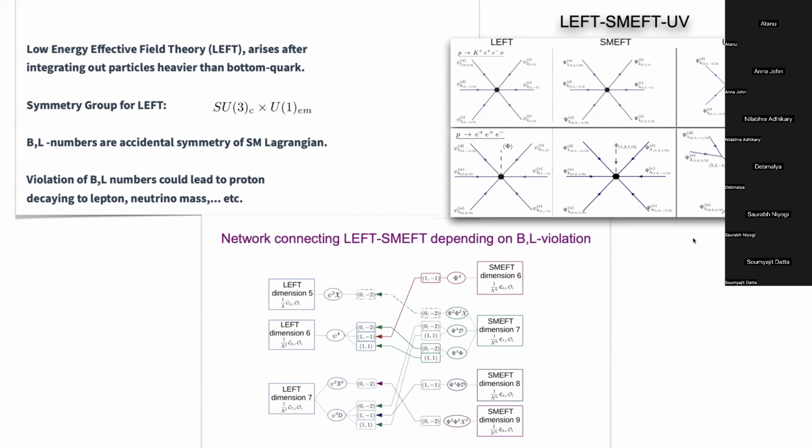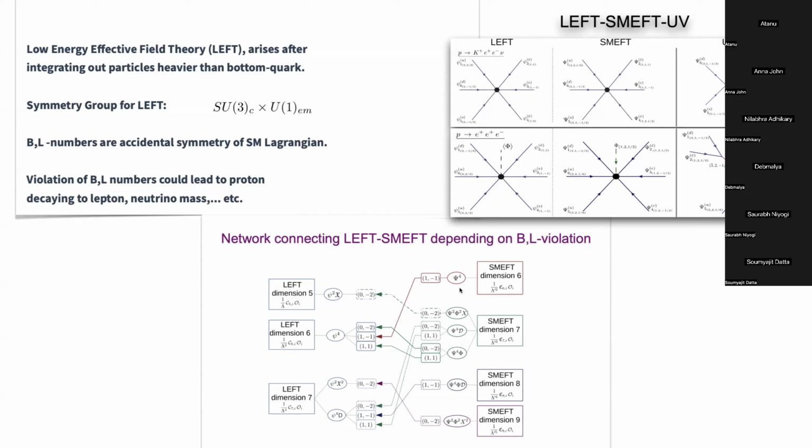So now this is another tracking. You can see that this tells you there are different classes of operators at the SMEFT level, from dimension 6 to 9, and in the low energy effective field theory just dimension 5 to 7, and this gives you a nice tracking.